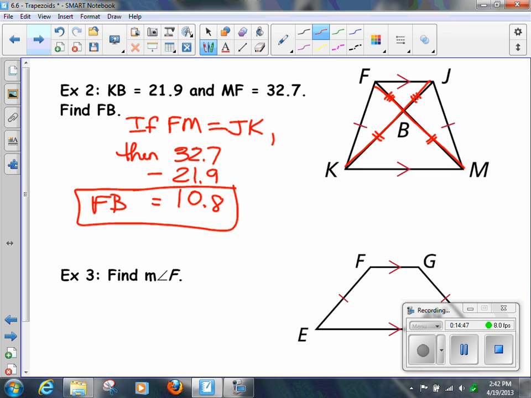Look at it. The same thing. So if KJ, the whole thing, is 32.7, Brandon, and we know that KB is 21.9, do you see? That's just the segment addition postulate, y'all. Does that make sense? So the whole thing, take away the little piece, gives us segment JB. Okay? And they better equal what? 32.7. Okay? Does that make sense?